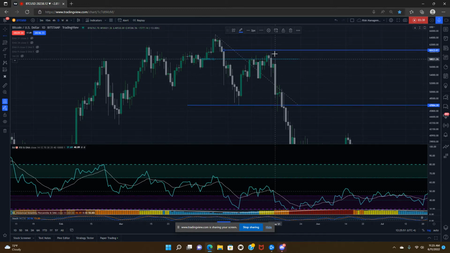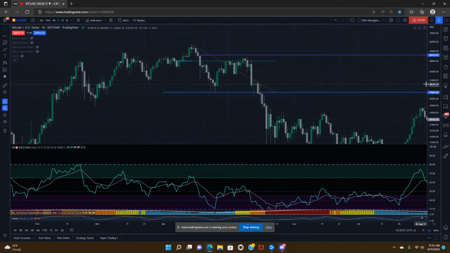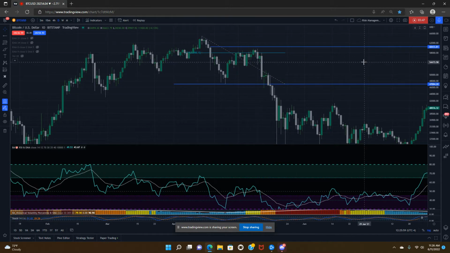I did not feel confident about this trade, and it's a good example of how sometimes the best trades don't feel good. And if you feel amazing about a trade or extremely confident about a trade, that's actually probably a good sign that something else might happen or it's not a great trade.